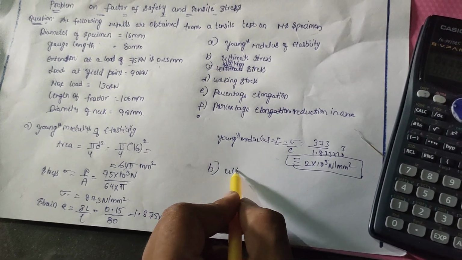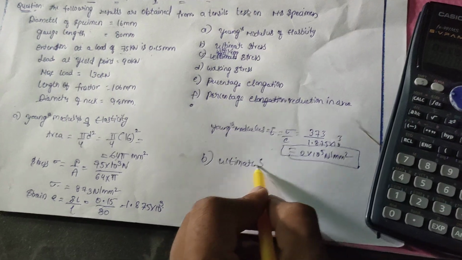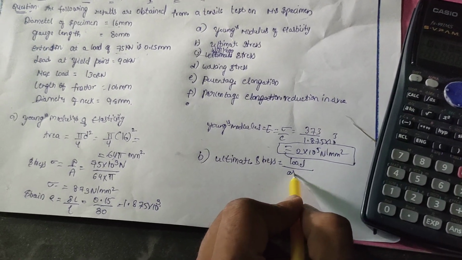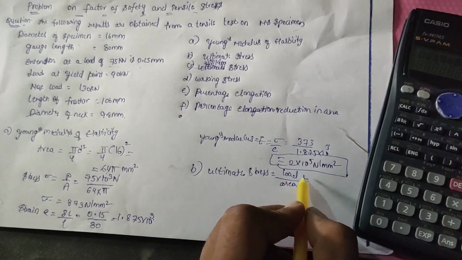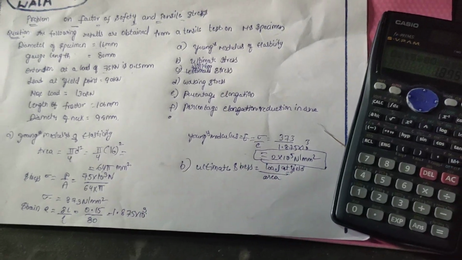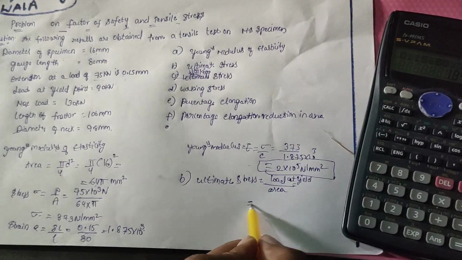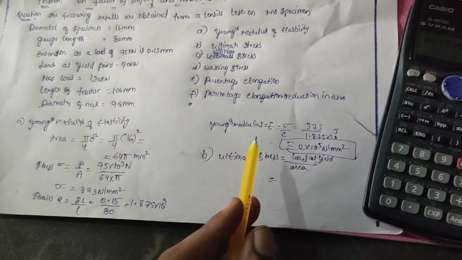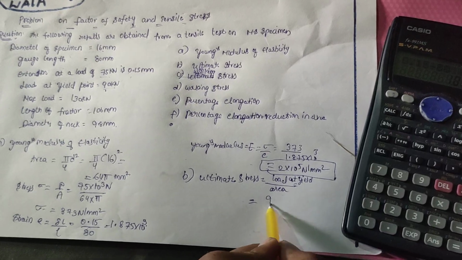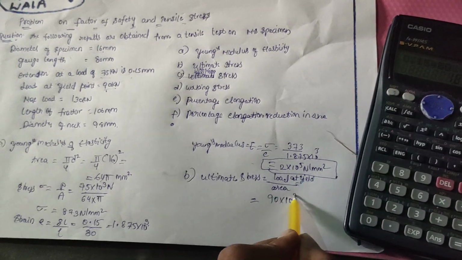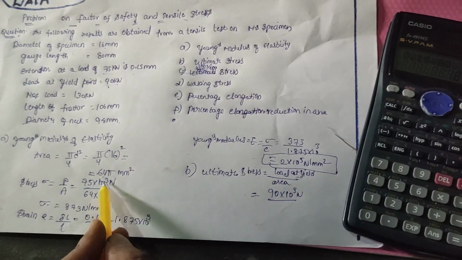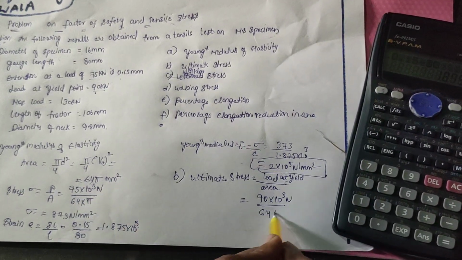Second, we should calculate the ultimate stress. Ultimate stress is load by area. The load at yield point is given as 90 kilonewtons. We should convert it into newtons, 10 cube, divided by the area, which is 64 into pi.